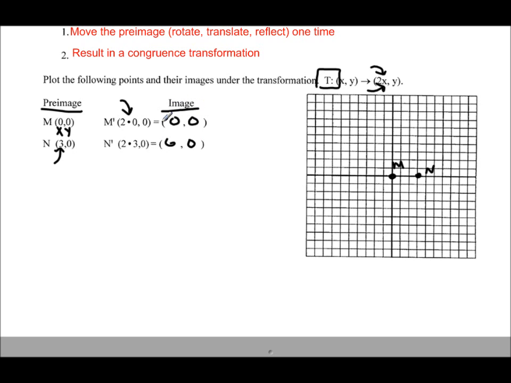So our resulting image of M prime is still at 0, 0. So we can name this M prime. And N, as the pre-image, becomes N prime, the image, at 6, 0. So this was 3, 0, so we want to move over 3. And this is N prime.